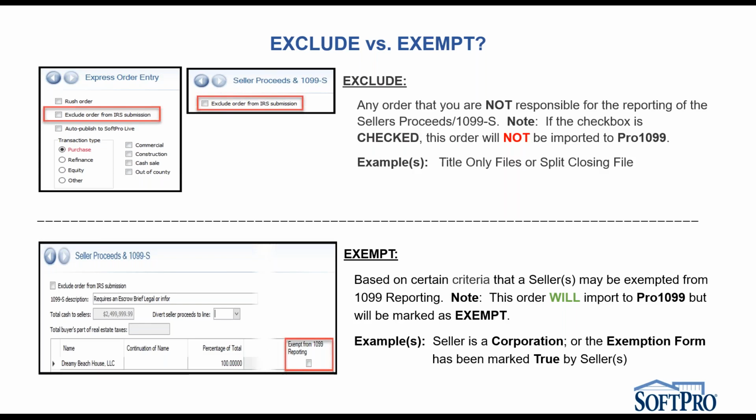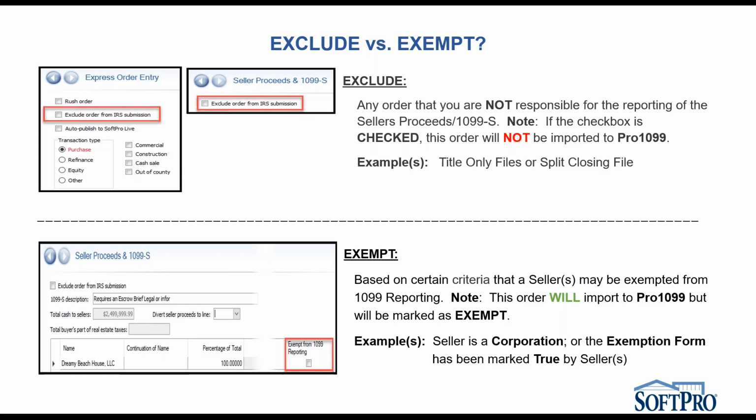The other example or other option is exempt. And so again, this is where people get exclude and exempt a little backwards. So exempt is based on the criteria that the seller fills out in our exception form. And if they mark everything as true, or the seller is a corporation, then they could be exempt from 1099 reporting.